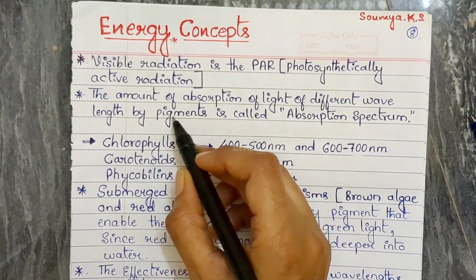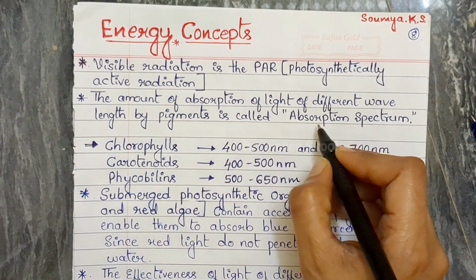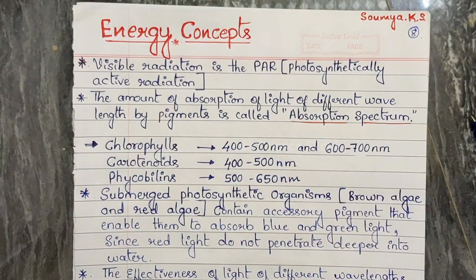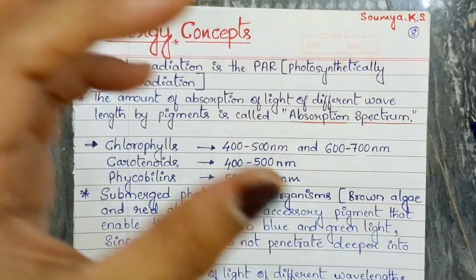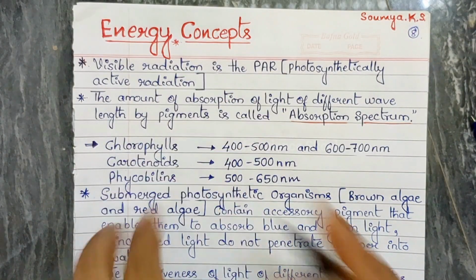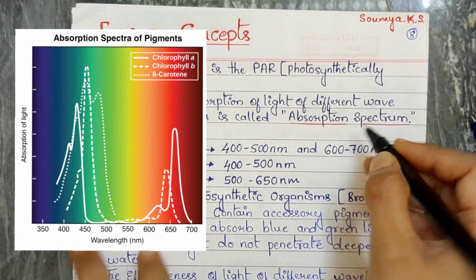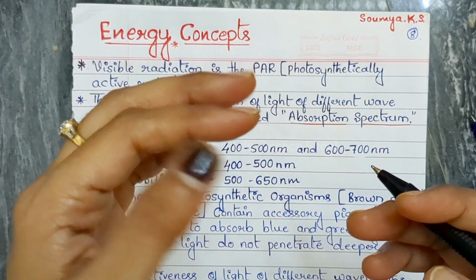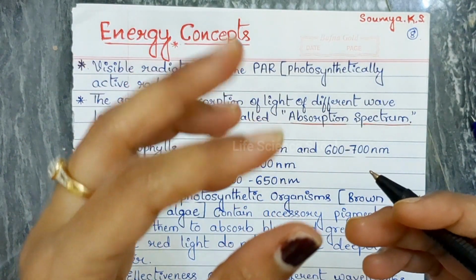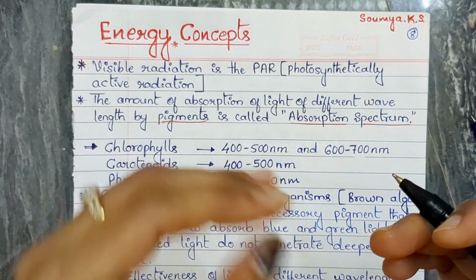The amount of absorption of light of different wavelengths by pigments is called the absorption spectrum. In the previous video I told you there are mainly 3 to 4 pigments: chlorophyll, carotenoids, phycobilins, and flavonoids.